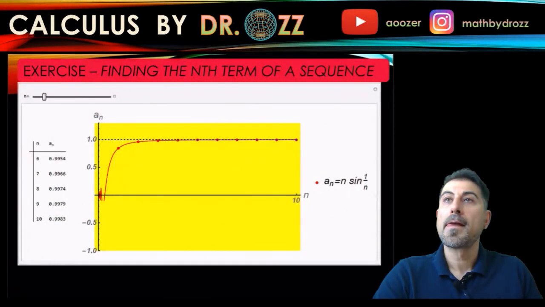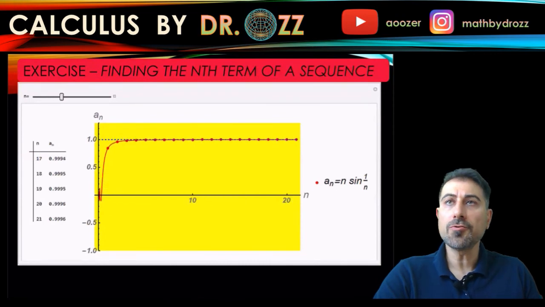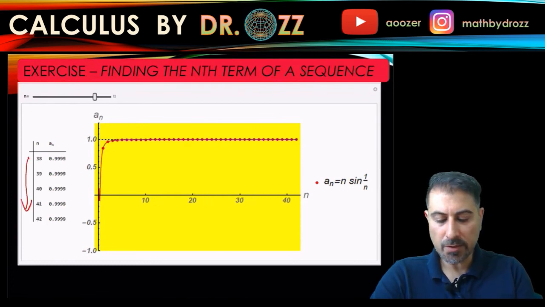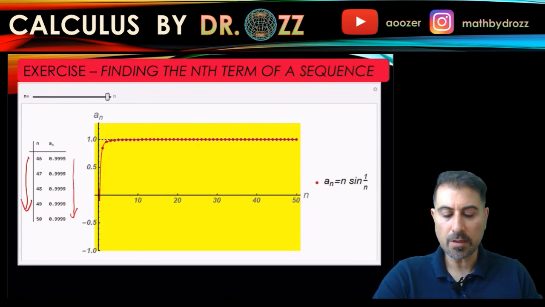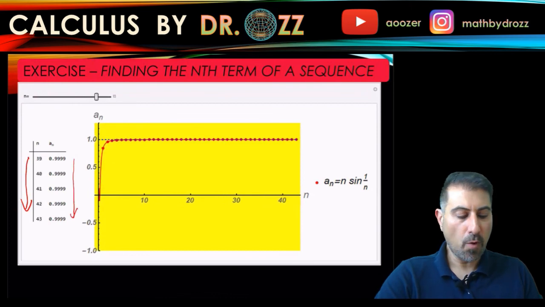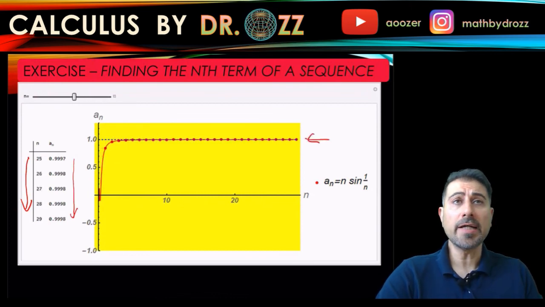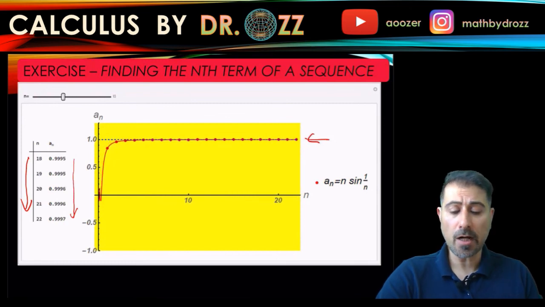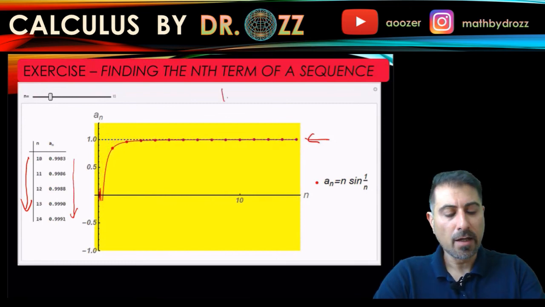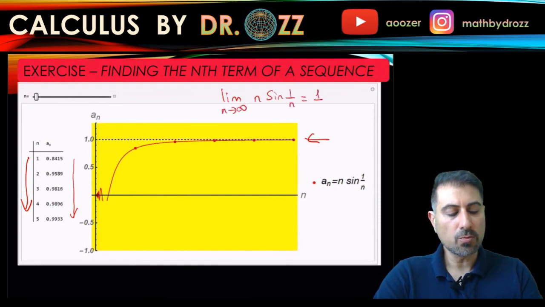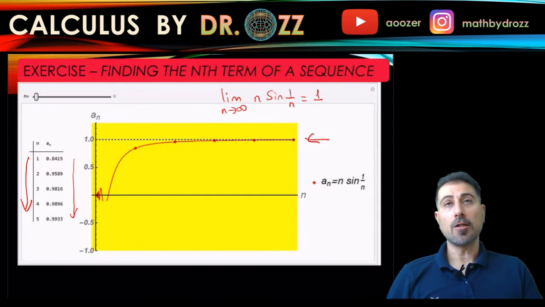Here is the table of sample values together with the graph of those points. As you see, as n increases, the corresponding values approach 1, and we can observe it from the graph. That also lines up with our analysis that the limit of n sine 1 over n is equal to 1, and it came out of L'Hopital's rule.